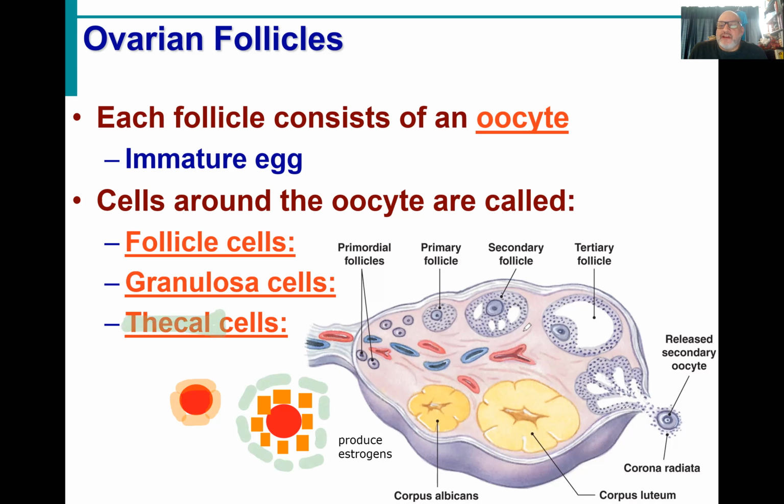These form from the connective tissue that surrounds the follicle. Does anybody by any chance remember what our thecal cells do? Excellent. They produce androgens.